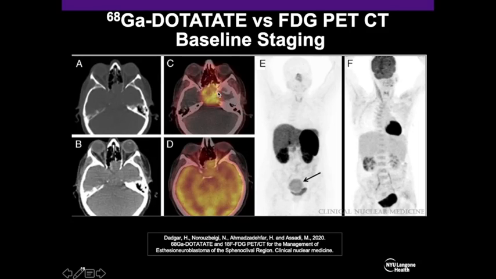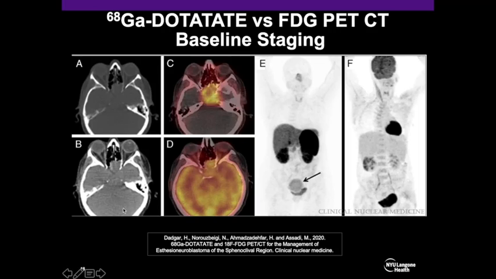When we look at the comparison on axially fused images, the sphenoidal esthesioneuroblastoma on the dotatate PET is excellently delineated by the dotatate activity, because the esthesioneuroblastoma overexpresses somatostatin receptor type 2.